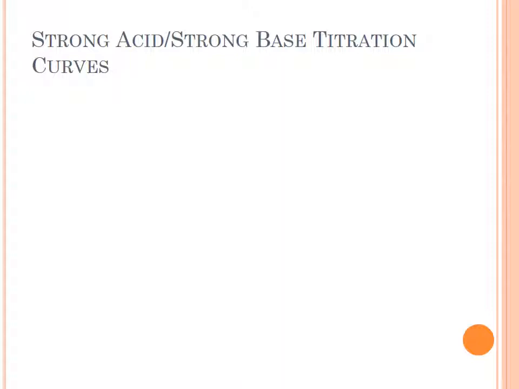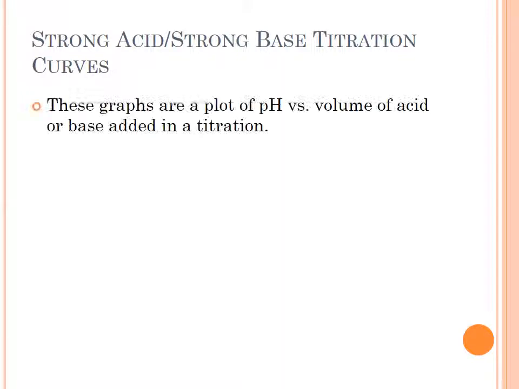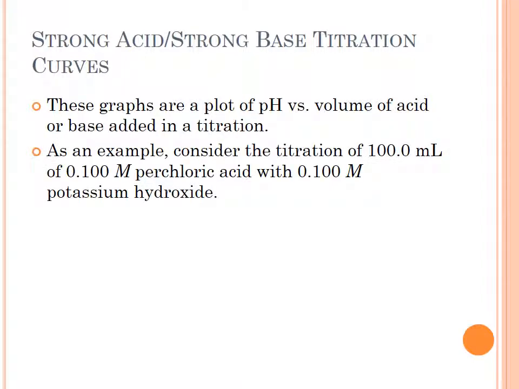So let's look at these strong acid, strong base titration curves. No equilibria here. We're just talking about strong acid with a strong base. So we can graph the pH versus the volume of the base, and that's going to be our titration curve. For example, let's consider titration of 100 milliliters of 0.1 molar perchloric acid with 0.1 molar potassium hydroxide.